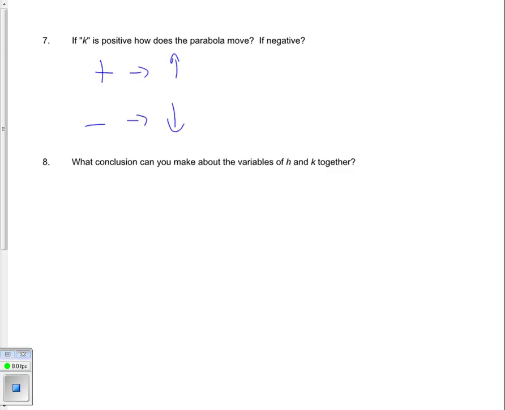Okay. So what conclusions can you make about the variables of h and k together? Well, h and k together are the vertex of your parabola. The h value is also your axis of symmetry, your AOS, and your k value is the same as your optimum value.